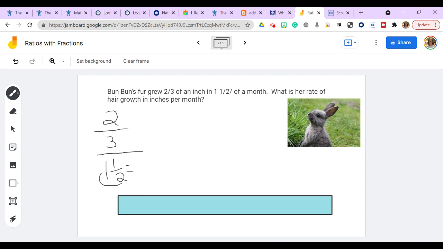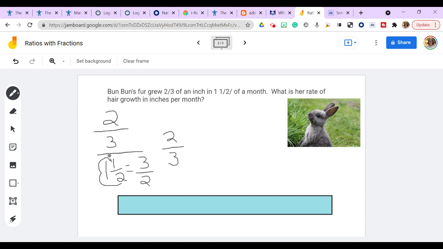So 2 times 1 is 2, and then adding that to my numerator. So 2 plus 1 is 3. So I'm going to have 3 over 2. These are actually equivalent fractions. 1 and 1/2 is equal to 3 over 2. And then I can just start working on this division problem.